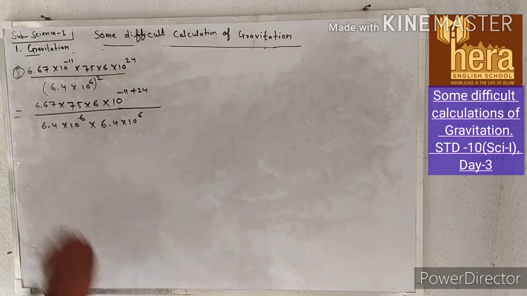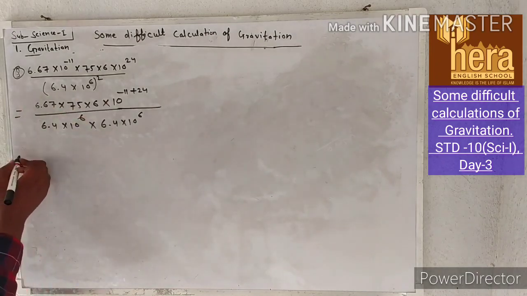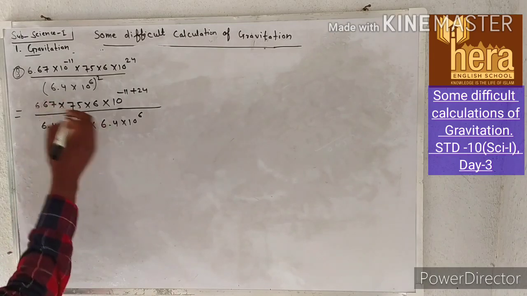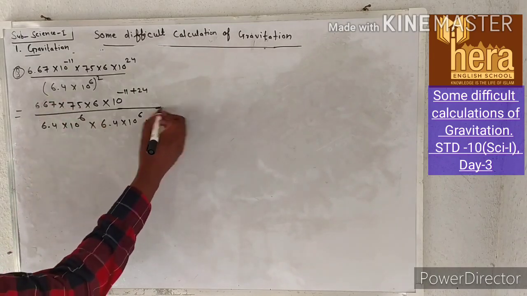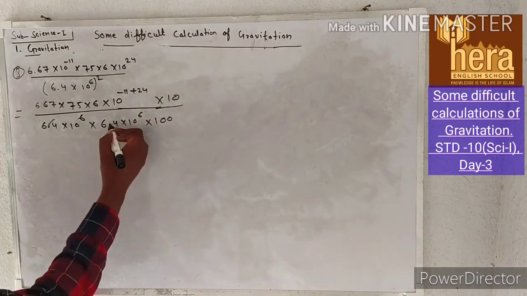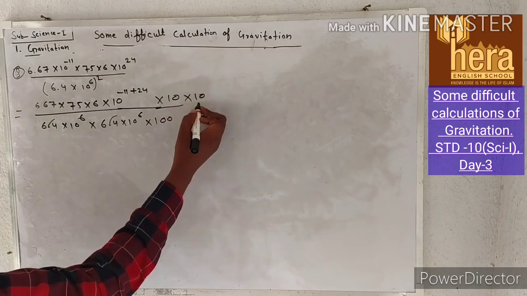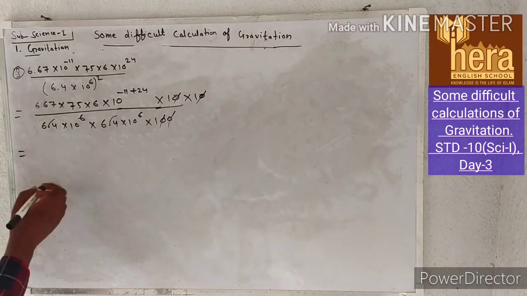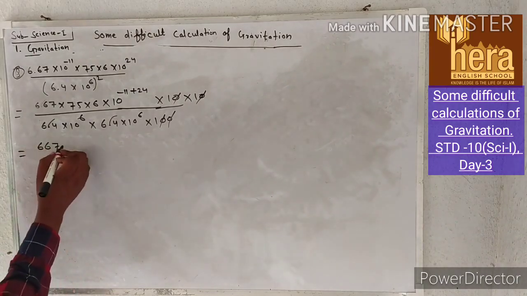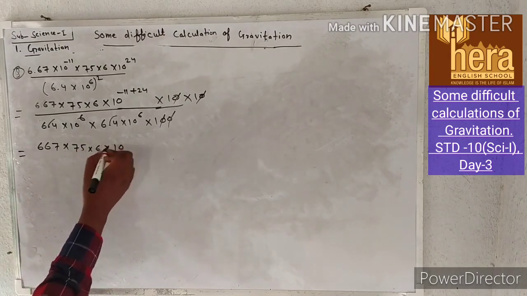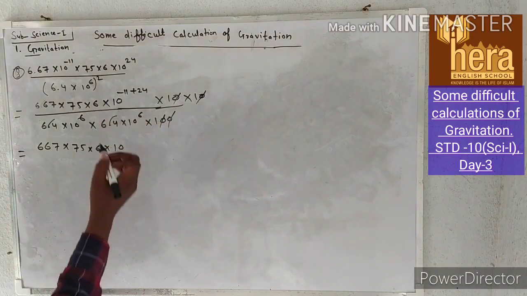to 6. So this will be equal to, now remove the decimal. Here it will be 100, remove the decimal, here will be 10, here will be again 10, 0, 0 cancel, 0, 0 cancel. Now this will be equal to 667 into 75 into 6 into 10 raised to 24 minus 11.